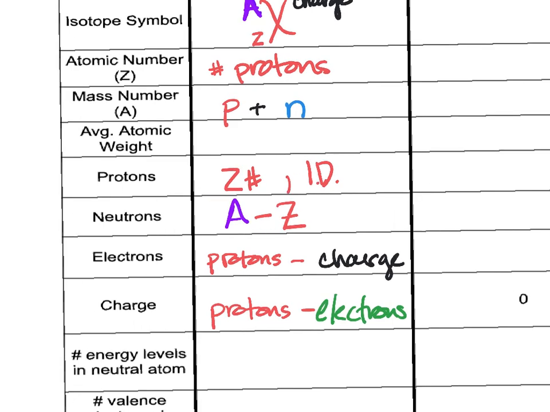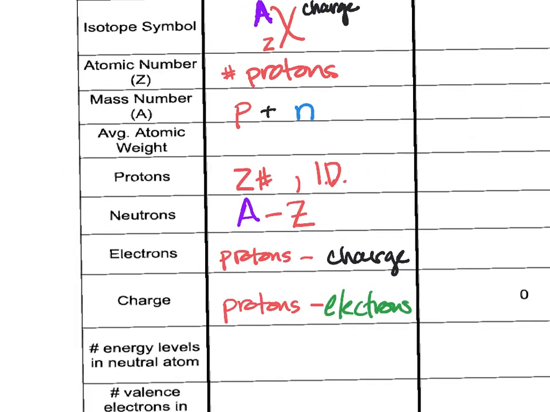So how do we find our average atomic weight? We take percent of mass number, plus percent of mass number. We put it together, divide by 100. I don't know how to put it into words. Brain doesn't make sentences today, guys.